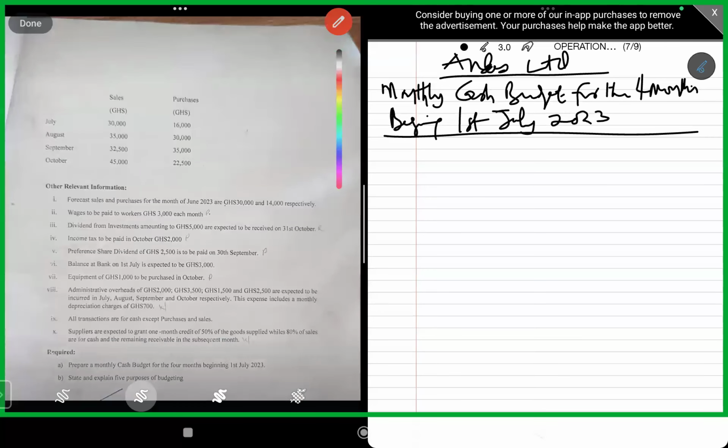On the question paper, you write wages. Is it a purchase or payments? Payment. So you write P. Okay. Dividend from investment, receipts or payments? Receipt.